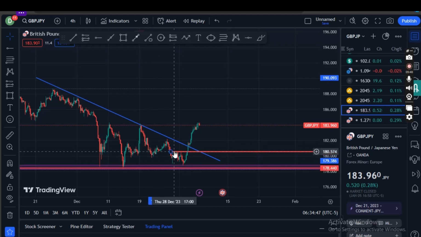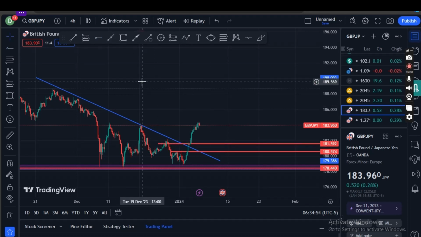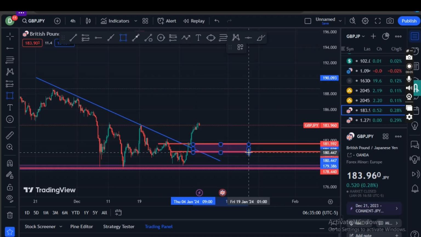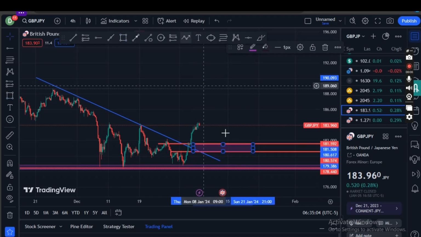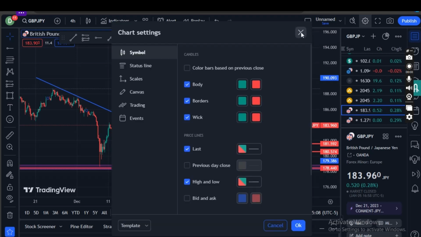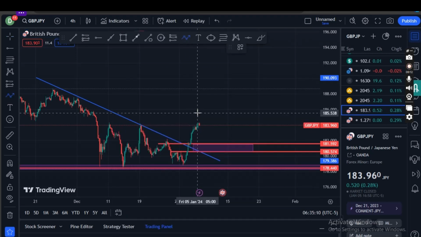Well, this is the first resistance. This is also a very good resistance. So as a price action trader, you should watch this zone for rejections and a bullish momentum candle for price to start buying. I'm hoping you understand it.